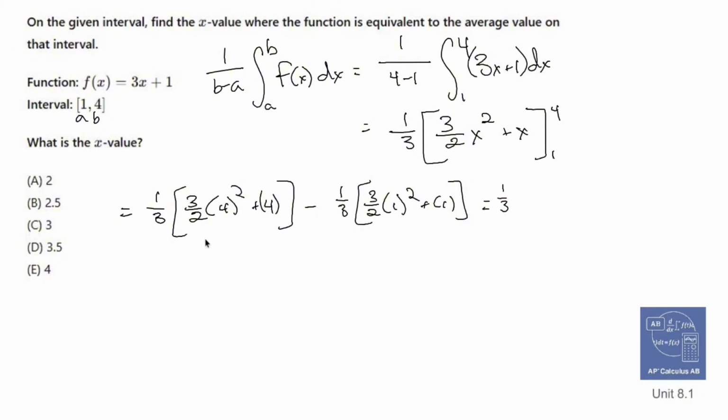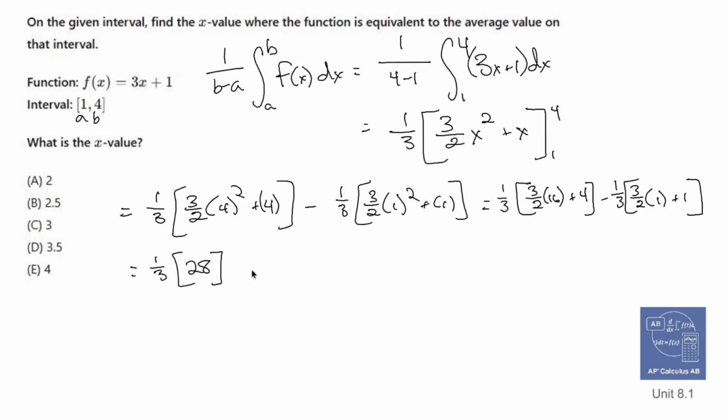That's going to be 1/3 times 3/2, 4 squared is 16 plus 4, minus 1/3, 3/2, 1 plus 1. All right, I can do that. 1/3 of 3/2 of 16 is going to be 24. 24 plus 4 is 28, so that's not going to simplify nicely. Minus 1/3 of 3/2 times 1 is 3/2, plus 1 is going to be 5/2.